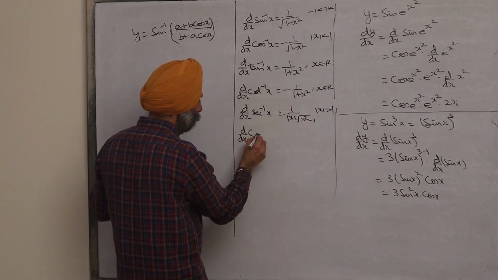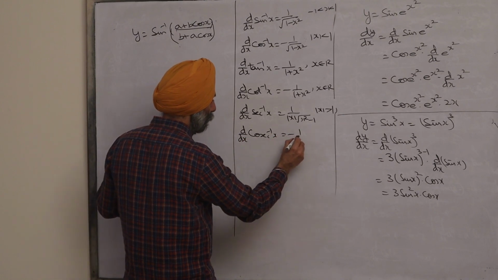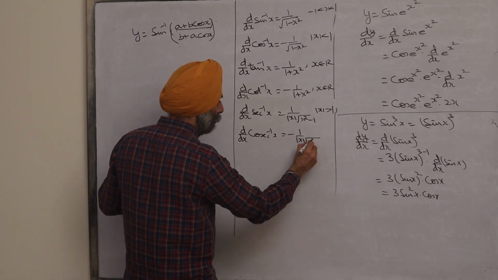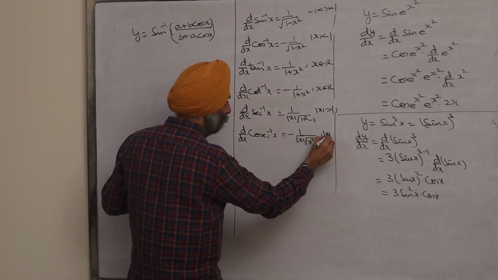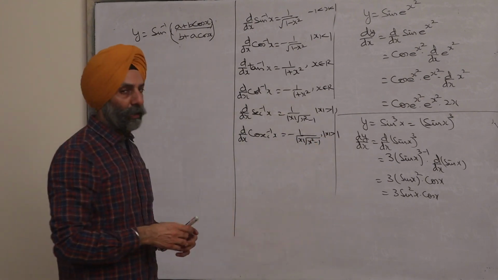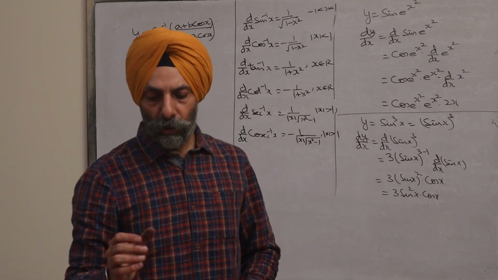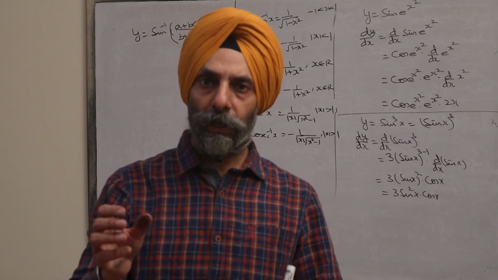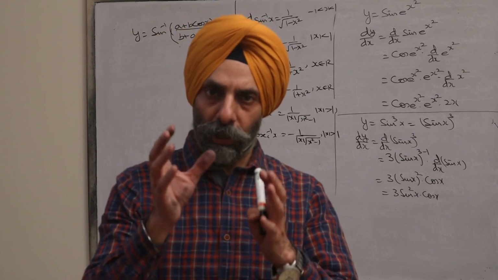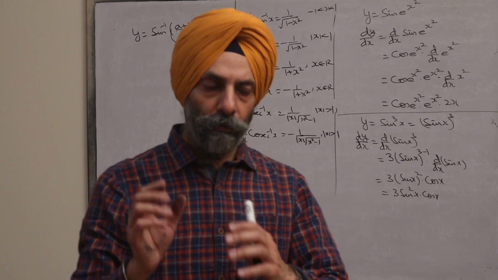And d over dx of cosecant inverse of x is minus 1 over mod x into under root of x square minus 1, when mod of x is greater than 1. So these are the differentials of inverse trigonometric functions, and these formulas are also derived by using the first principle.